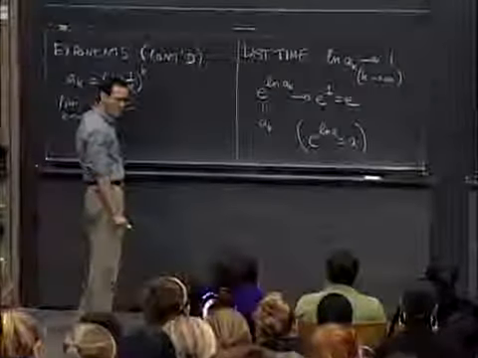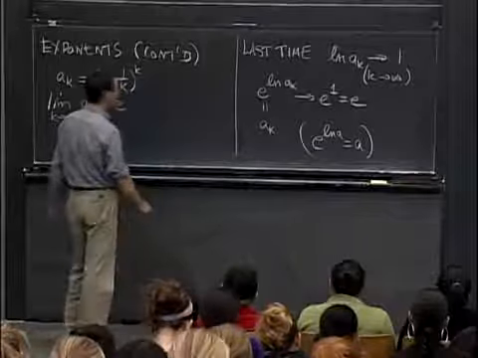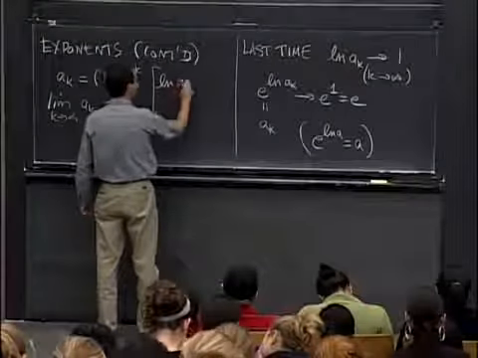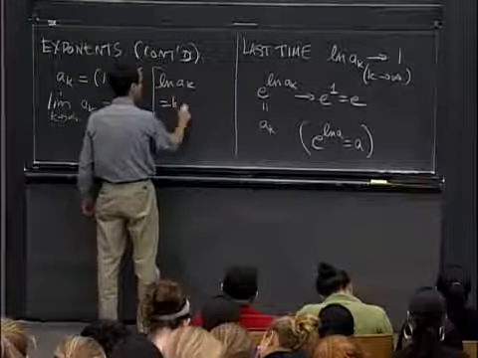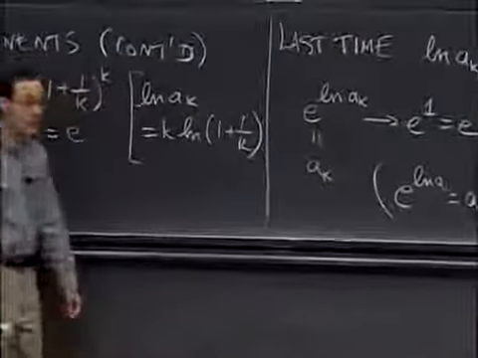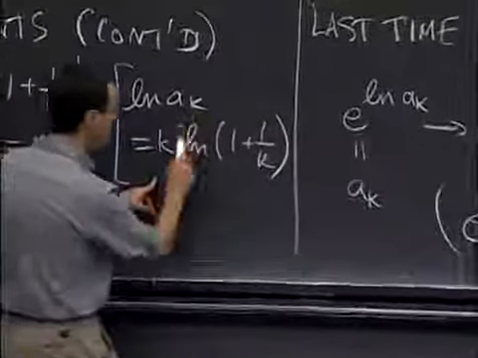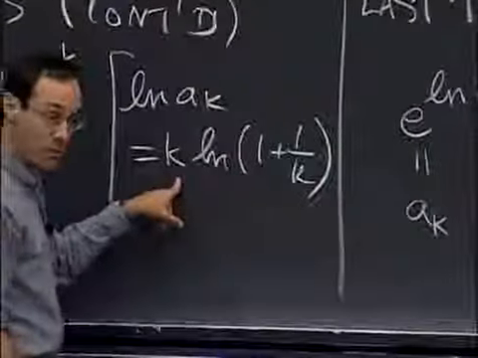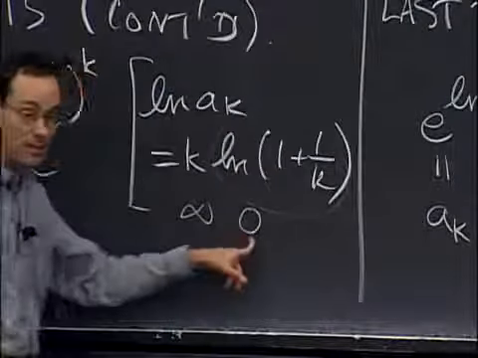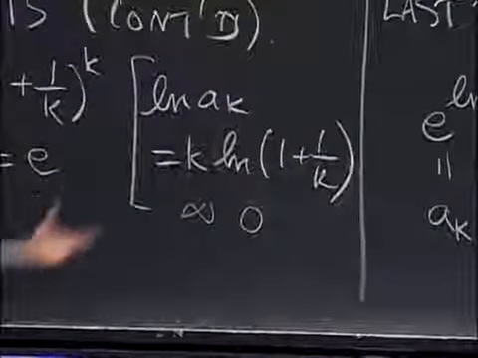Who said it was? If you take the logarithm, which is what we did last time, the logarithm of a_k is indeed k times the log of 1 plus 1 over k. That does not tend to 0. This part of it tends to 0, and this part tends to infinity. And they balance each other, 0 times infinity.